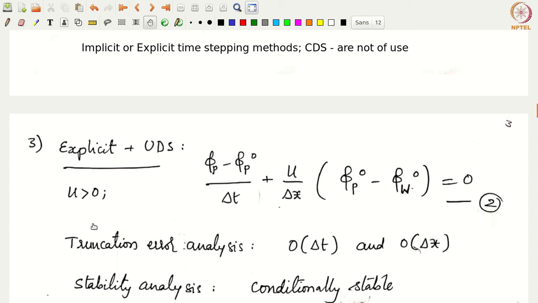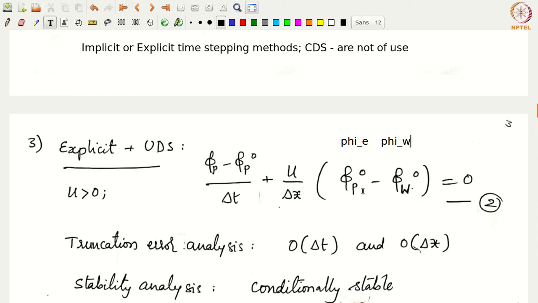Now we make an assumption that the velocity is positive, because the upwind scheme depends on the direction. So I make u greater than 0. Remember, this term is basically phi little east, and this term is our phi little w, right?